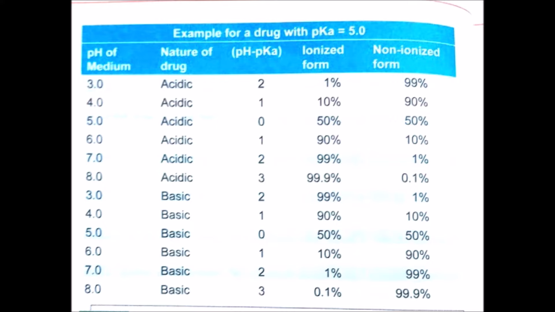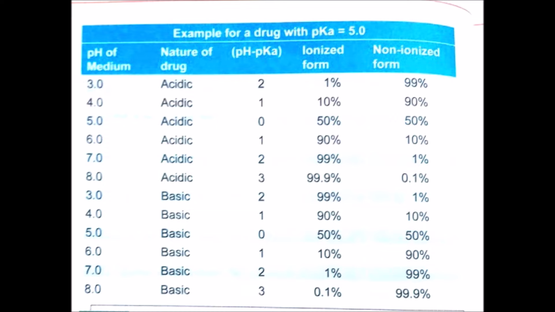Now again, if the pH becomes 7, that is more basic than before, then the ionized portion of this drug will be 99% and the unionized portion of the drug will be 1%. Similarly, at pH 8, which is more basic than pH 7, the ionized portion of this drug will be 99.9% and the unionized portion of this drug will be 0.1% only.